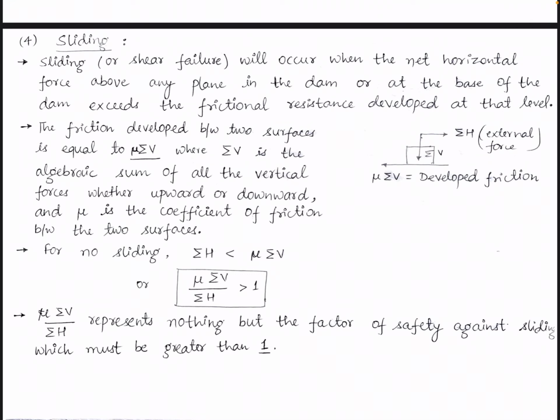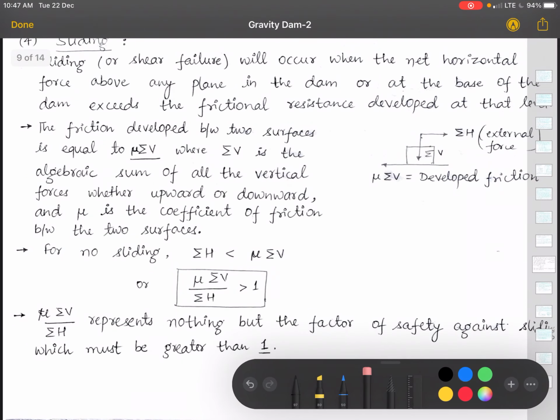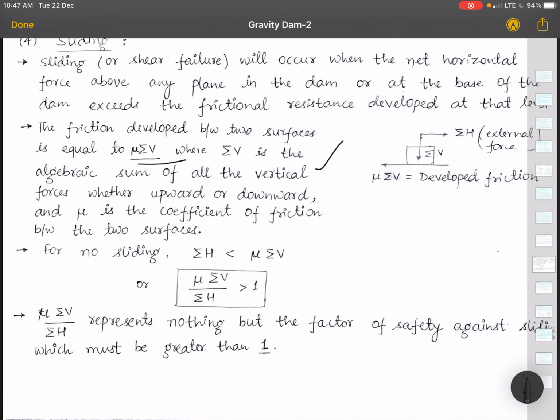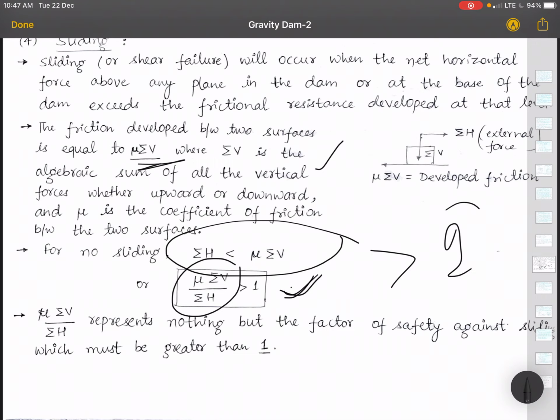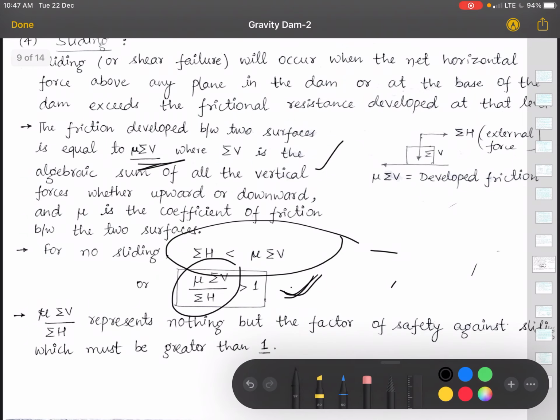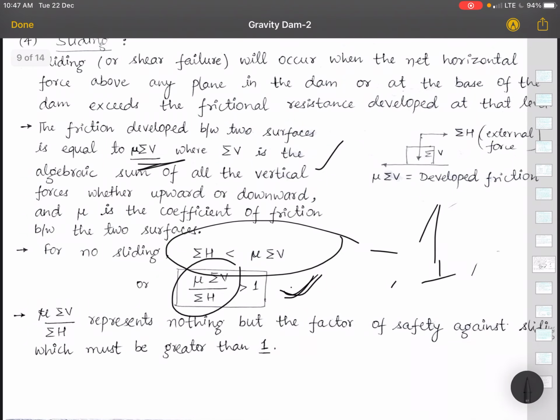Frictional force is mu times summation V, where summation V is the algebraic sum of all the vertical forces, whether upward or downward. So this ratio is nothing but the factor of safety, and it should be greater than 1. Then only sliding is not occurring. If it is greater than 1, then sliding will not occur and the structure is safe against sliding.